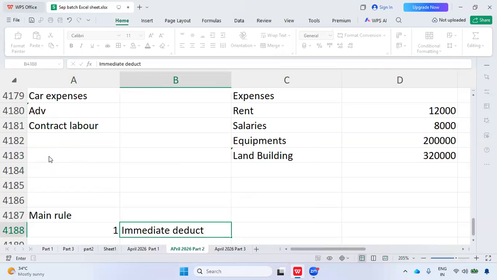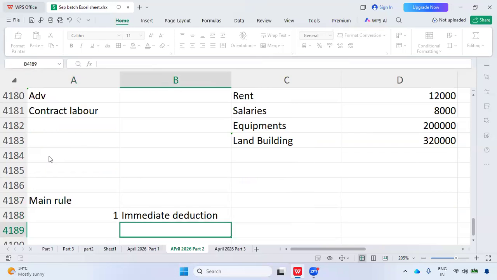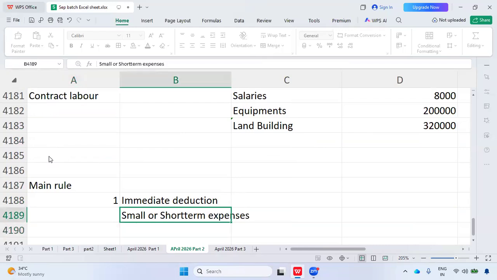To claim immediate deduction, we have to see the nature of the expense, whether it is a small expense or a short term expense. If yes, then we can claim it as an expense immediately in the same tax year.